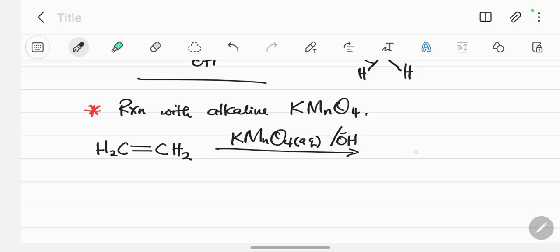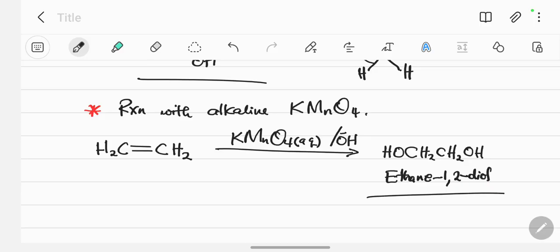So CH2, CH2, this is OH, and the HO, like that. So this one is called ethane-1,2-diol.